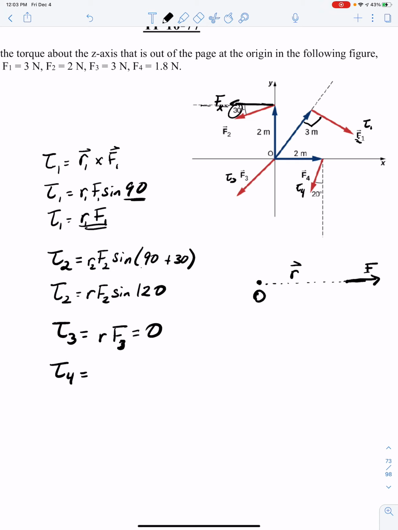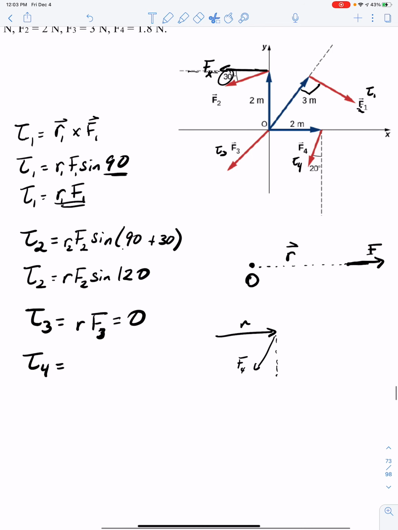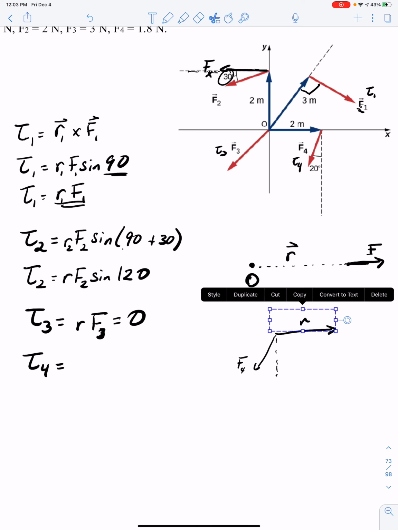And just like we talked about before, we can redo this. We can write down that this is the distance r, going downwards, F4 at an angle of 20. We can do tail to tail. Move this right here.